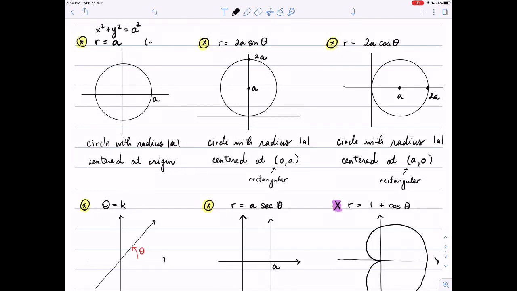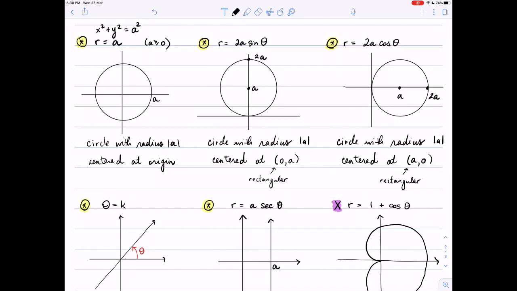Typically a is given as greater than or equal to 0, but it doesn't actually need to be. If you drew r is -7, you would actually get the same circle as if you drew r is equal to 7, because negative radiuses just go on the other side. But everything is perfectly symmetric here, so you would in fact get the same circle.